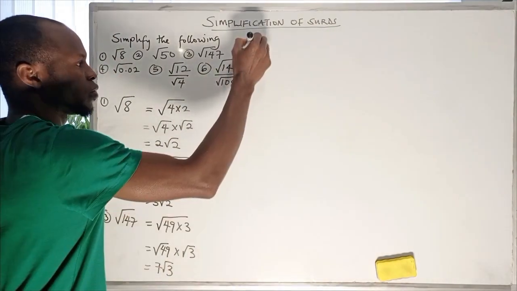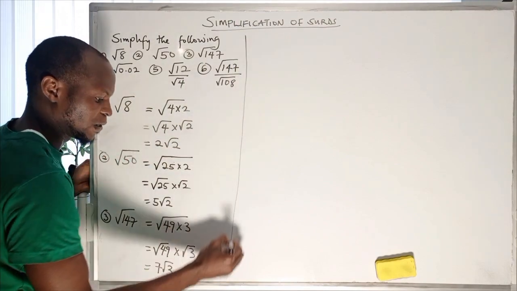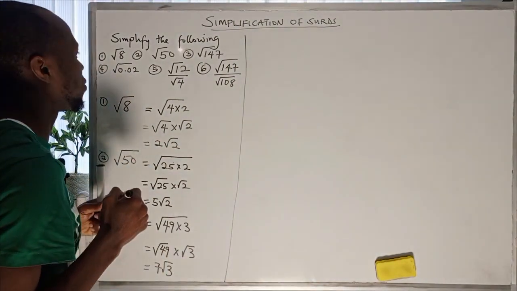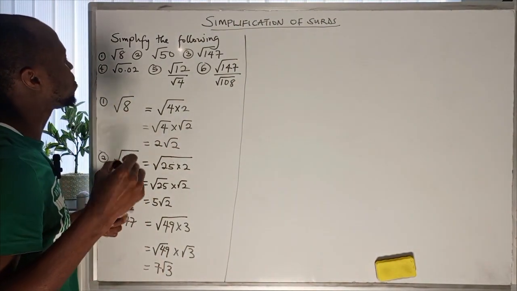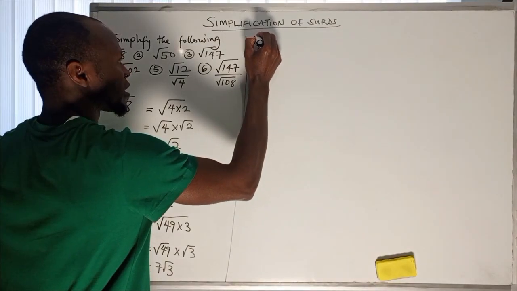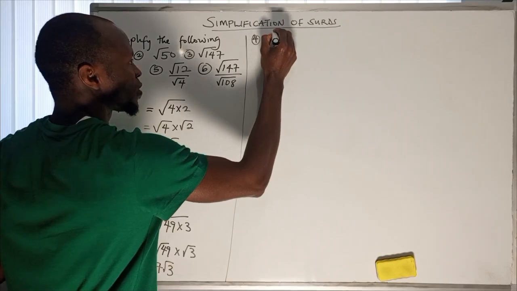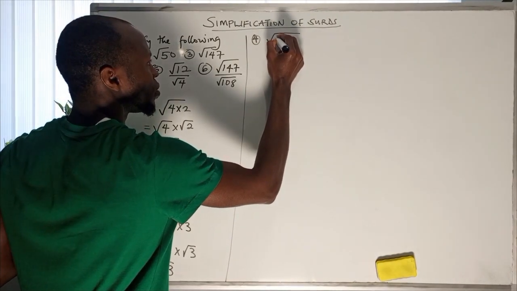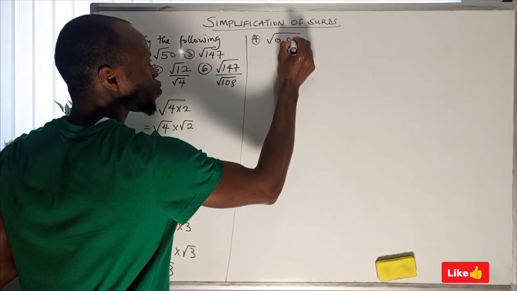Okay? Now let's go further to another example where we have to simplify surd 0.02. That is example 4, where we have to simplify surd of 0.02.